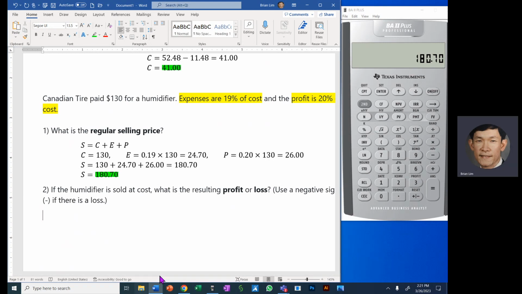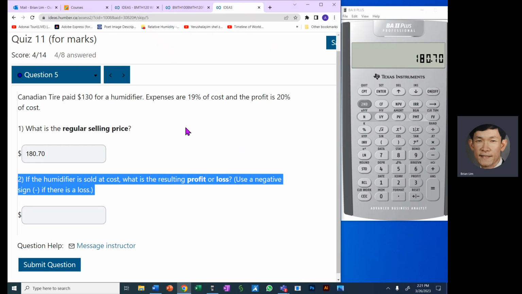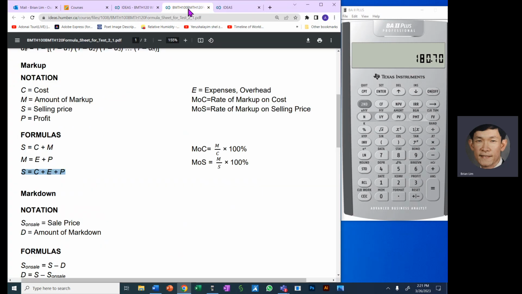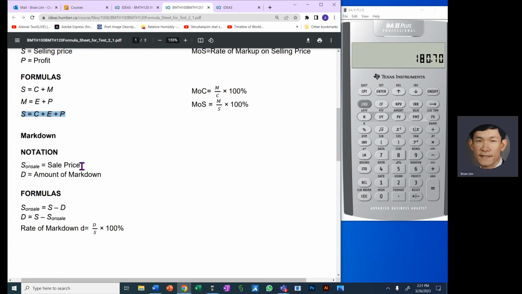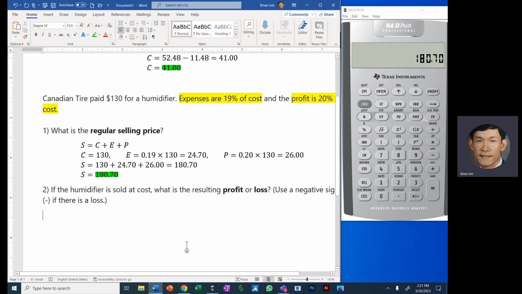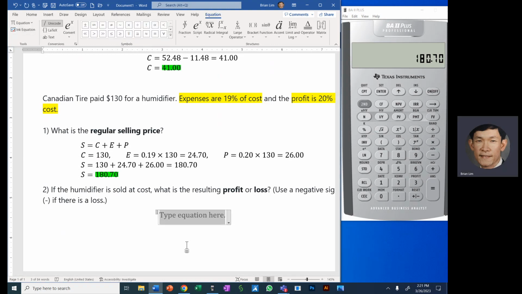All right, let's see how our formula sheet goes. It says, yes, well, S on sale is the sale price. All right, so maybe that might be an appropriate way to enter it.